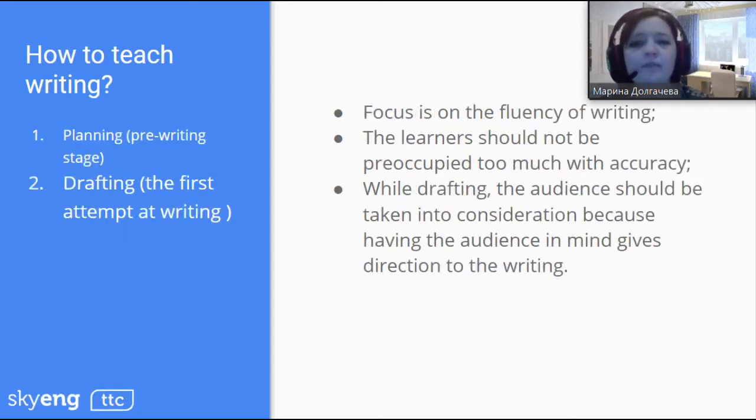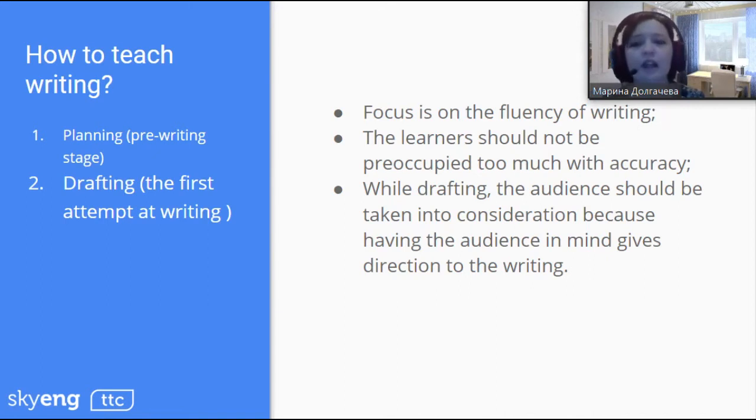The second stage of teaching writing, if we use the process writing approach, is drafting. Drafting is really important, and that is the moment when a student is to focus on fluency of writing.